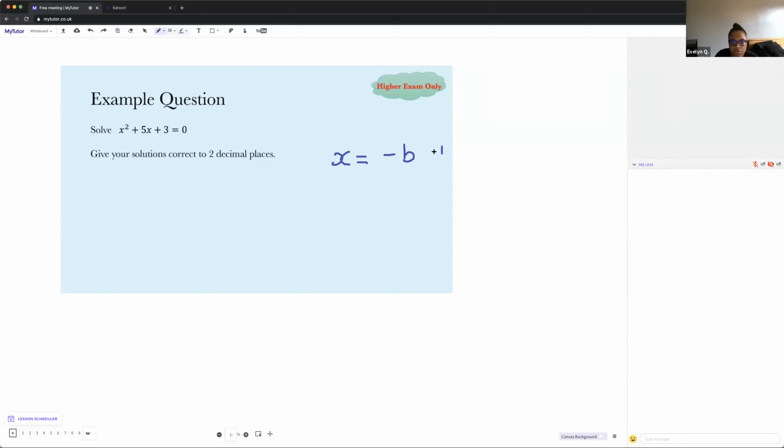So x equals minus b plus or minus the square root of b squared minus 4ac, all divided by 2a. So what is a, what is b, what is c, and then substitute it into your calculator and leave your answer in the correct format, please. And I'll go through and answer some more questions.